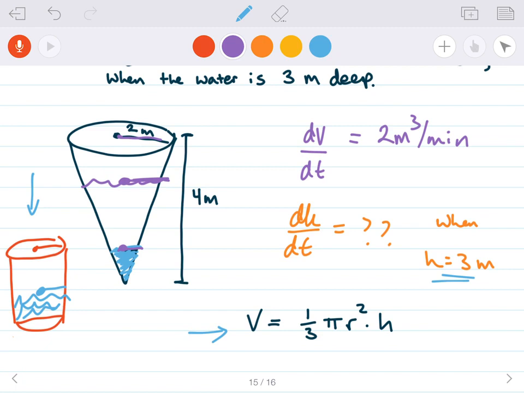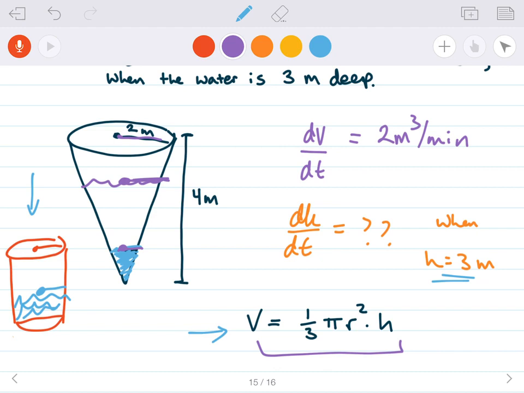So what I'm going to do, if you want to, I'm not going to do this in this video, but you can differentiate both sides, and you're going to get an r value, and you're going to get a dr dt value, which we have no way of knowing what that is.